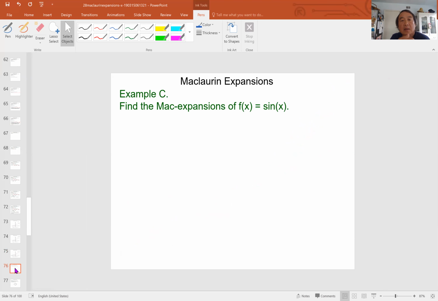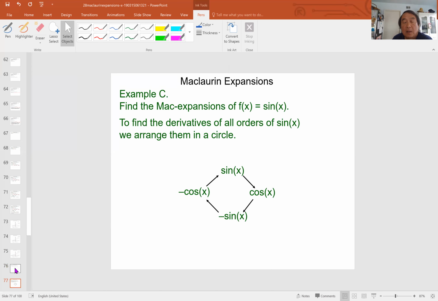And here's a Maclaurin expansion of sine of x. Where's the algebra? The algebra we need to keep track of is when you take a derivative of a sine, because we're going to take derivatives many times. It goes in a cycle. So here's the cycle of derivatives, and I'm going to plug in 0, since the Maclaurin expansion is at 0.